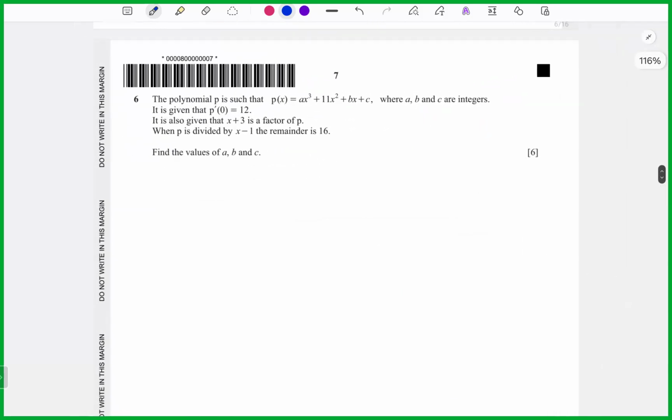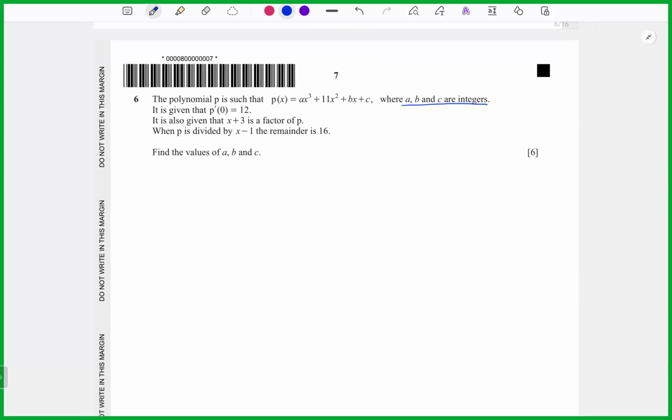Let's look at question 6. The polynomial p is such that p(x) equals ax cubed plus 11x squared plus bx plus c, where a, b and c are integers. When you see this information, remember that if you find a, b or c are not integers, it means you made a wrong step.